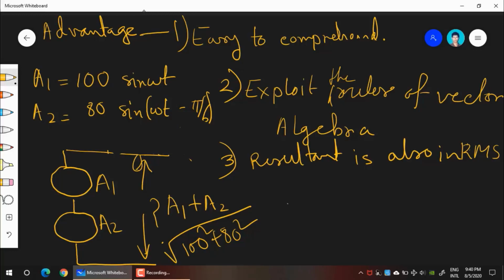See, when we talk about our household supply, we say 230 volt, 50 Hz. This 230 volt is the RMS value of the supply. We never say it is 230√2, the peak amplitude of our waveform. Why is this 230 volt significant?